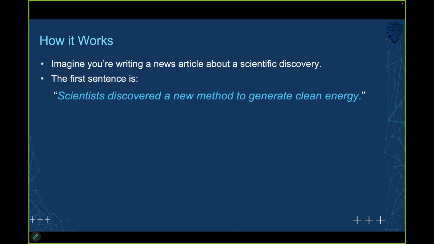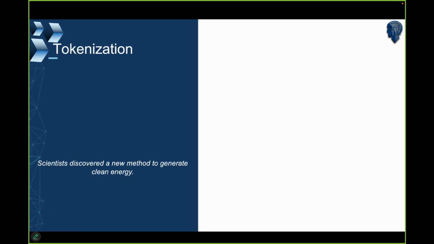How it works? Let's understand. Imagine you are writing a news article about a scientific discovery. And the first sentence is, scientists discovered a new method to generate clean energy. This is the first sentence. So the first step is tokenization.